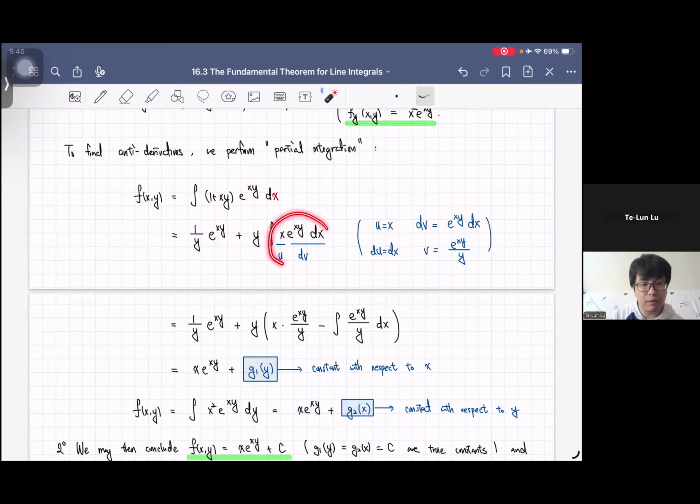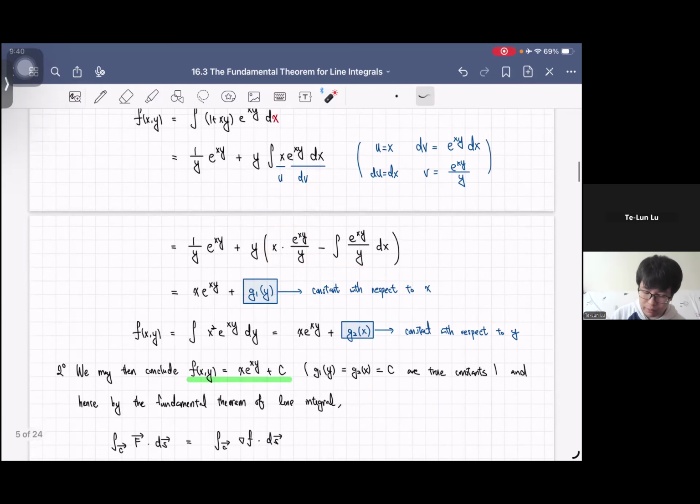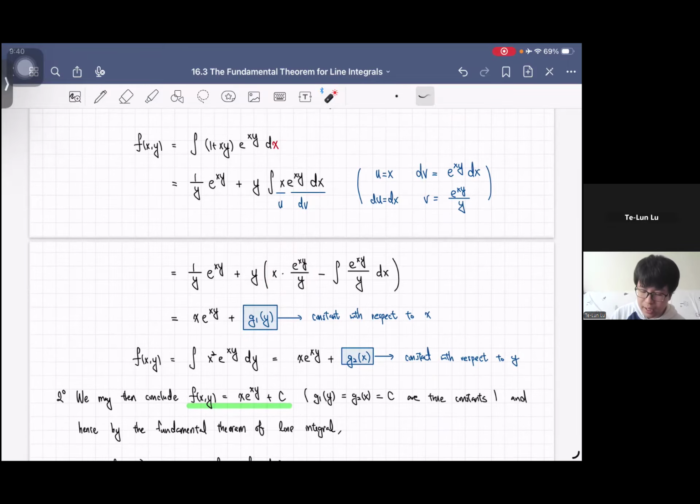So we have the integral of u dv equals uv minus the integral of v du, right? And then everything becomes quite nice. First of all, we see that this term, after taking the integral, you get e^(xy)/y². Canceling this y² together with this y, you get the same term like this with a negative sign.